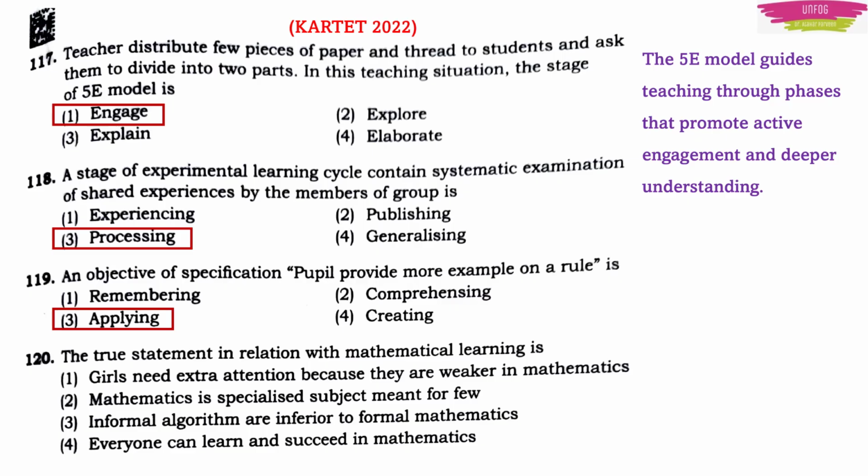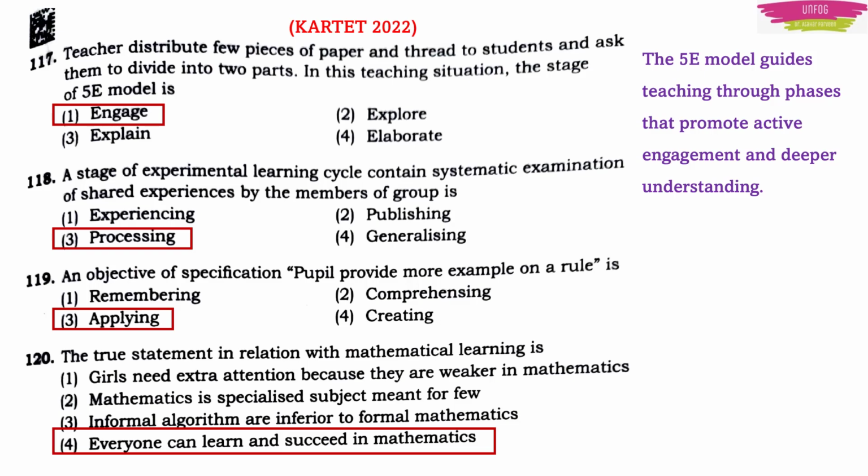And the 4th option is everyone can learn and succeed in mathematics. It is the correct option, because mathematics doesn't see gender. Mathematics is not meant for few and it does not have anything like formal and informal. Each and everyone can learn and succeed in mathematics.